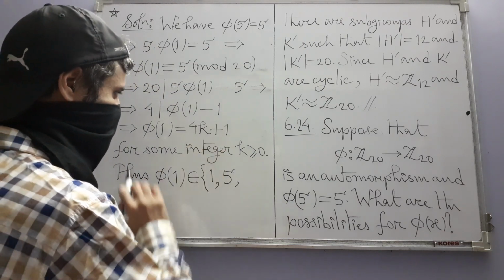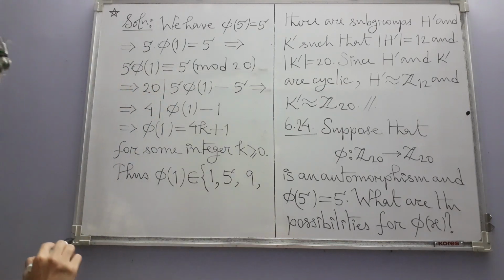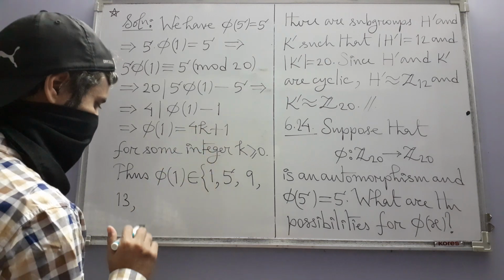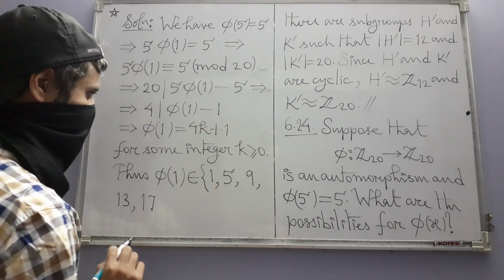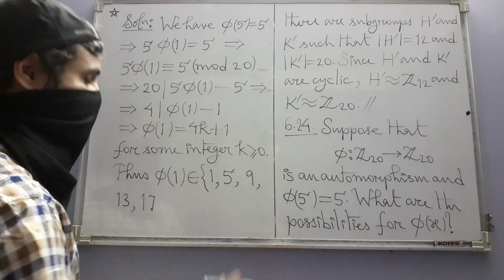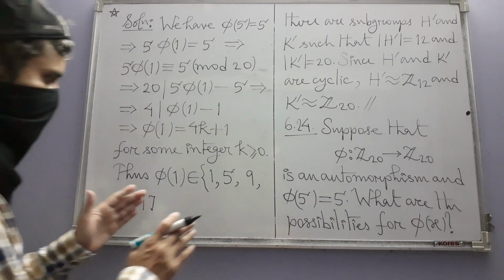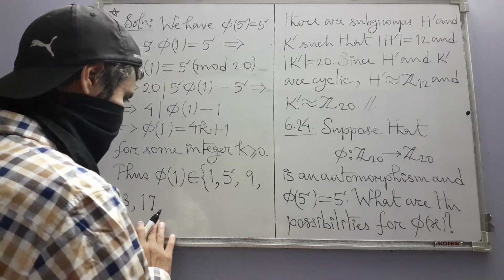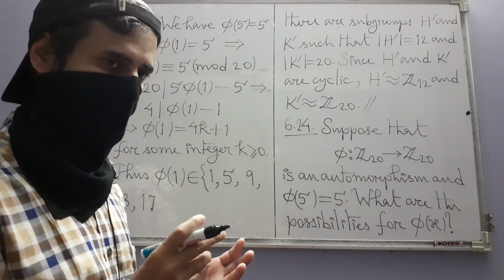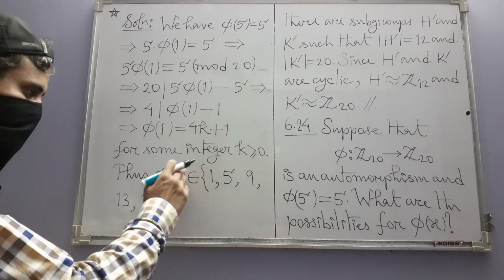Then 4 times 2 plus 1 is 9. 4 times 3 plus 1 is 13. 4 times 4 plus 1 is 17. If we go beyond that, we will get repetitions. These are the only possibilities, because these are the possible remainders when you divide an integer by the modulus 20.